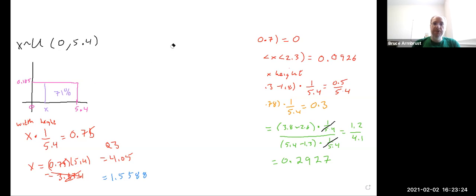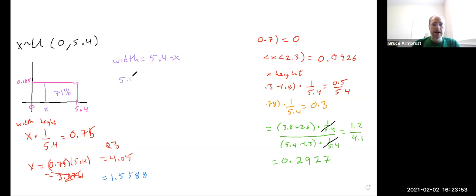Okay, so it turns out that we're going to use a similar idea. I still need to use this area idea, but now my width is actually 5.4 minus x. If I want to know the distance between these, I take 5.4 minus my x.